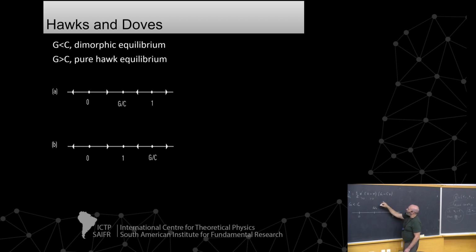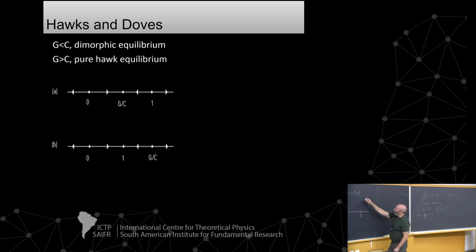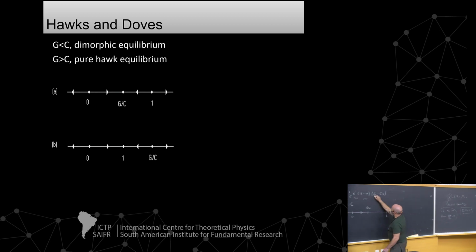But if x is here, less than G over C, I am multiplying this by a value that is positive, so the derivative in this situation will also be positive. Okay? If x is here, this value is also greater than 0.